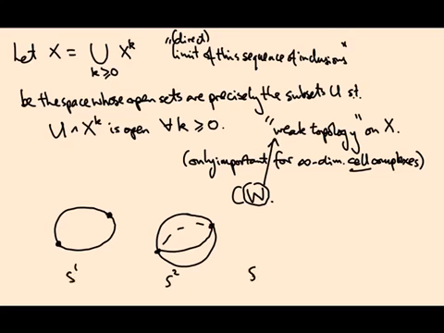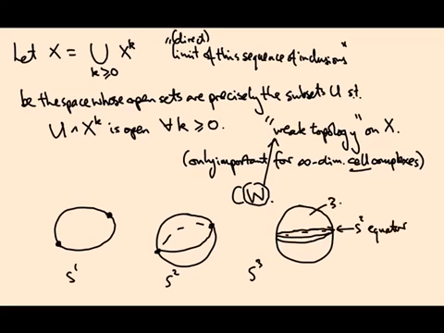Similarly, S^3 has a northern hemisphere and a southern hemisphere that's separated by a 2 sphere. So I don't know how to draw this, but you could imagine drawing it like this. So this is an S^2 equator. This is a 3 cell called the northern hemisphere, and this is another 3 cell.